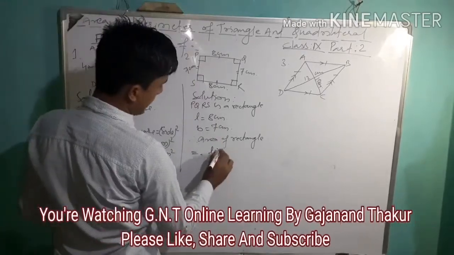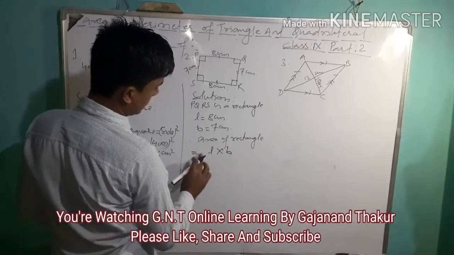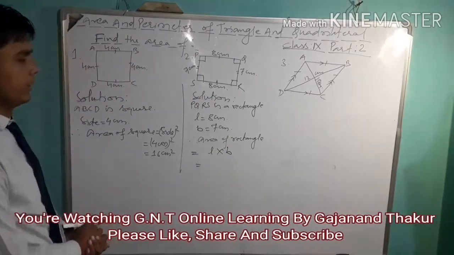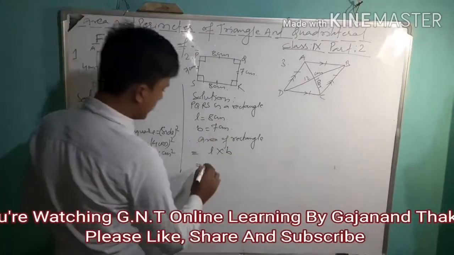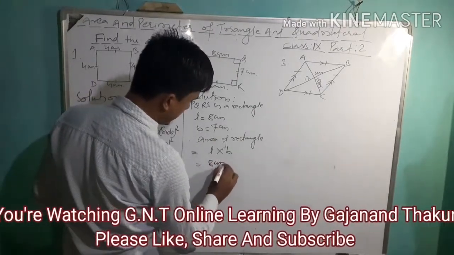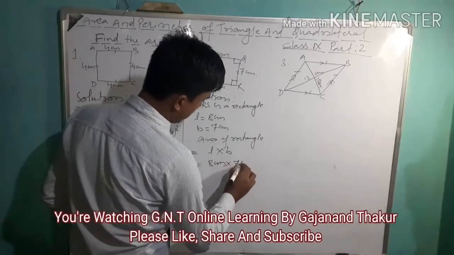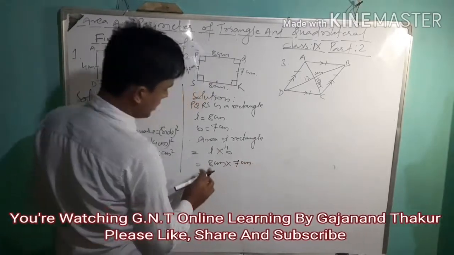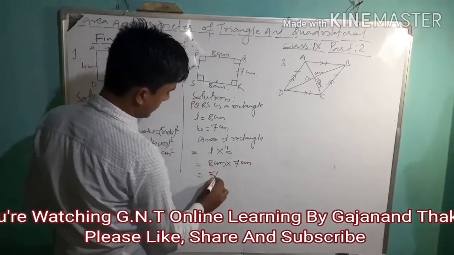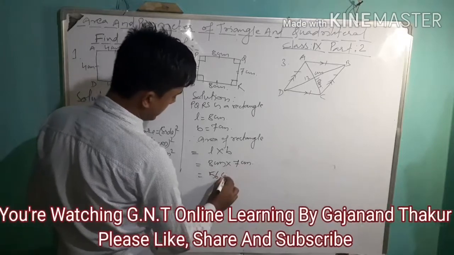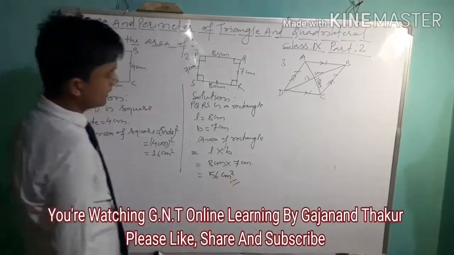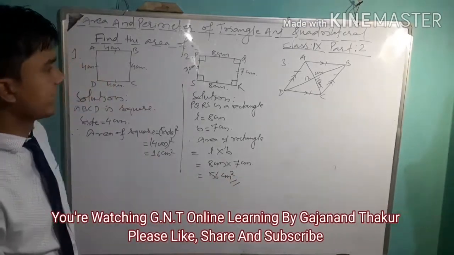So the length is 8 centimeter into breadth 7 centimeter. So 8 7s are 56, centimeter into centimeter will get centimeter squared. So this is how we find the area of a rectangle, right?